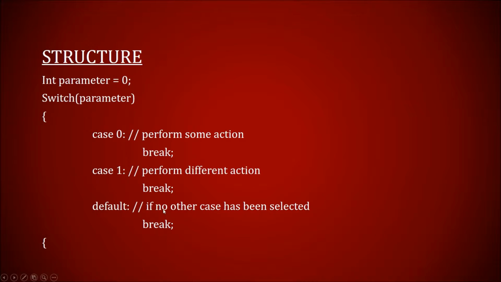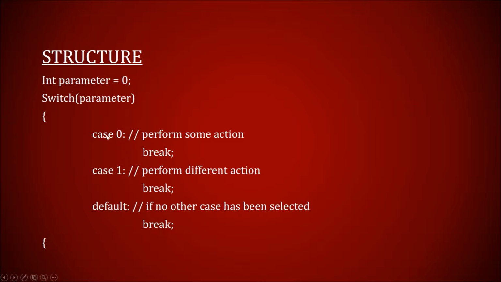Alrighty, so let's go over the structure of this. So the switch takes in a parameter. In this case, it's going to take in this integer that's assigned the value of 0. And then each case would be labeled down here. And so for case 0, it's going to perform some action and then break out of the switch statement.